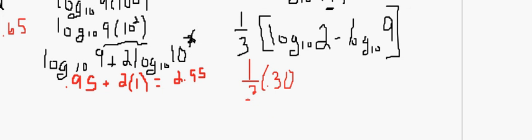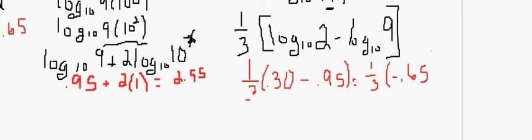Log base 10 of 2 is 0.30 minus 0.95, which was the log base 10 of 9, its decimal equivalent. So I have 1/3, and then 0.30 minus 0.95 is negative 0.65.